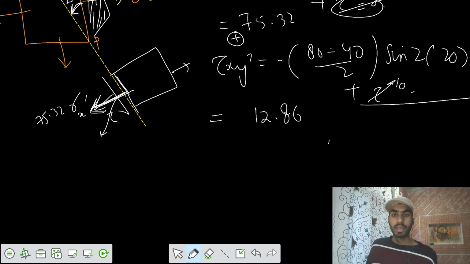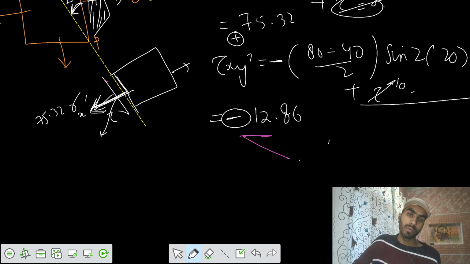This value is negative. Negative means the direction would be upwards. So shear stress would be upwards.